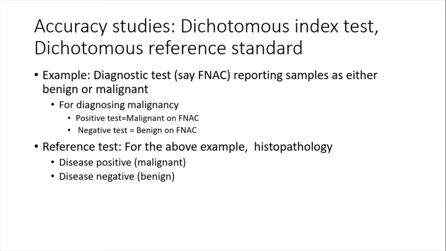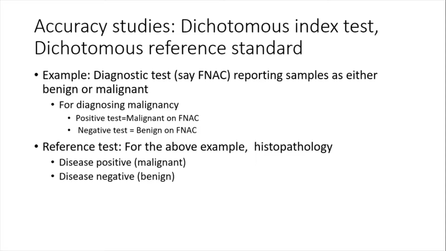Let us take the example of a dichotomous index test and a dichotomous reference standard. An example may be a diagnostic test reporting samples as either benign or malignant, positive or negative. Say, in the example of FNAC diagnosing malignancy, a positive test would be a malignant report on FNAC.